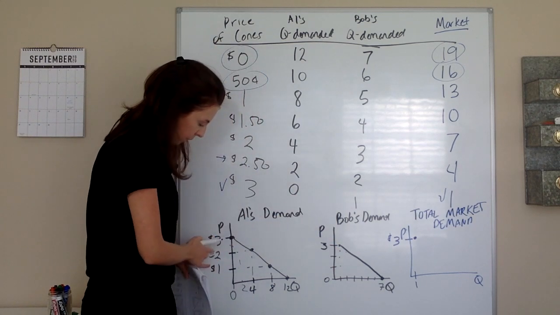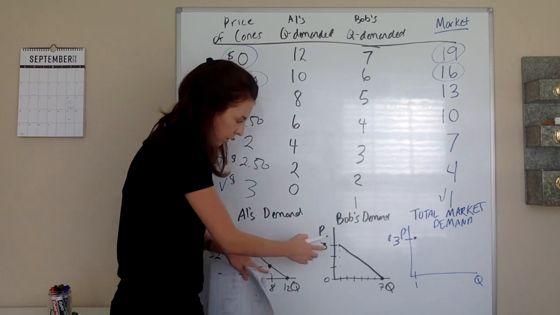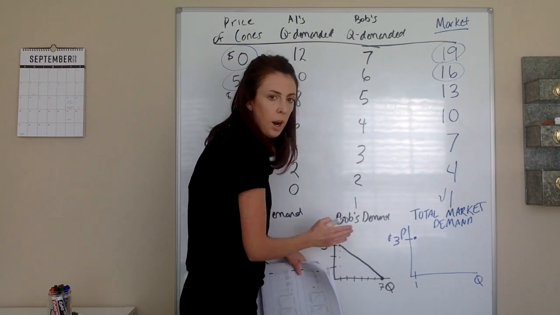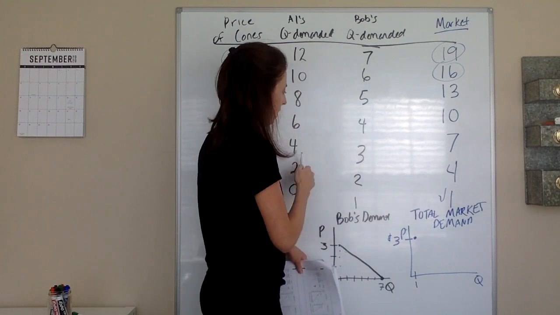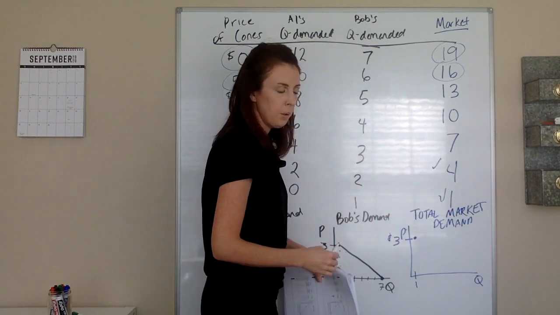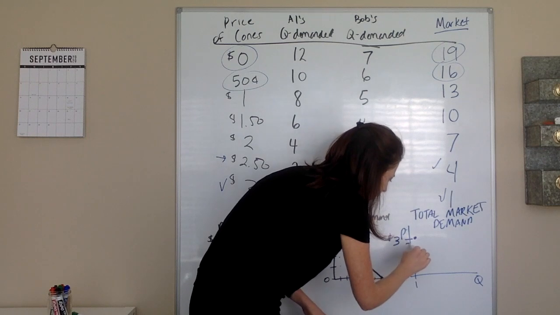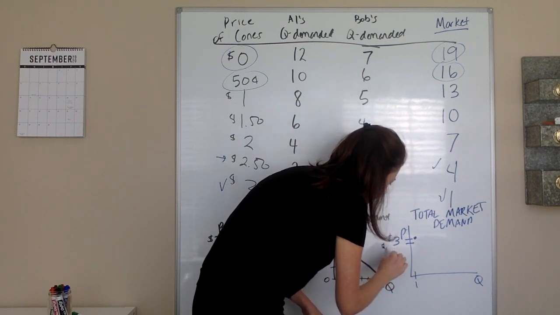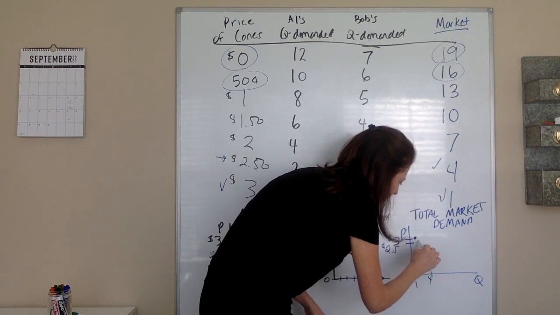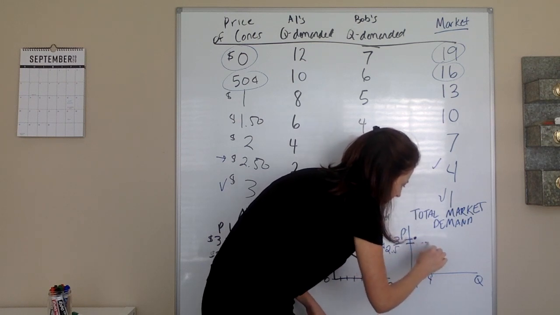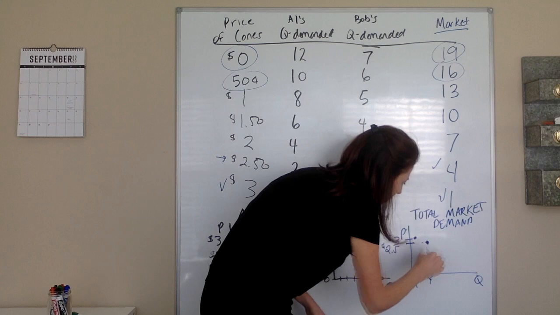So over here we went over 2, and over here we went over 2. We're adding horizontally, so if you go over 2 and you go over another 2, you've gone over 4. That is consistent with the 4 we get over there. So at a price of $2.50, we're going to go over 4 units, and we'll get a dot somewhere in here.